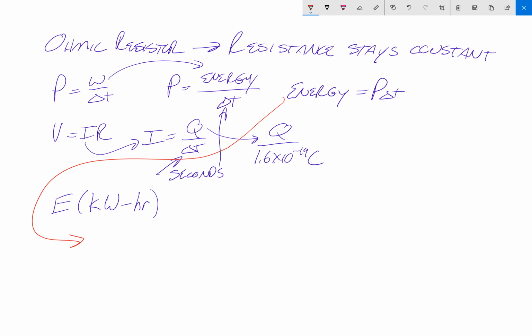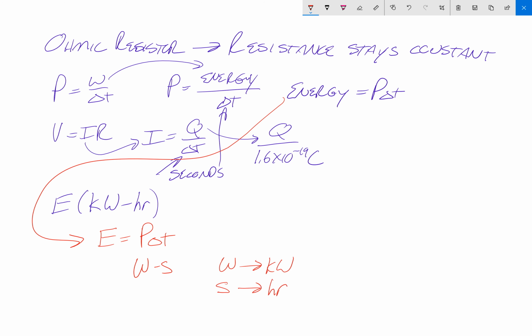All right, so we already have that energy is power times time. Now this is measured in watt seconds, but that's not how we need to measure it. So we need to convert watts to kilowatts. Kilo means 1,000. And we need to convert seconds into hours.